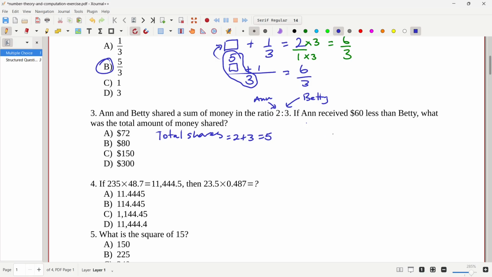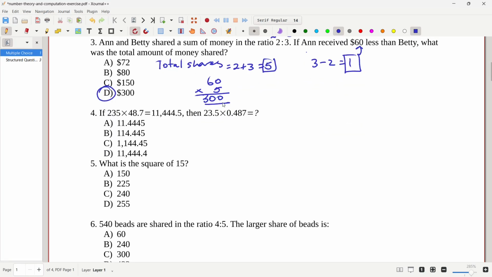Now, Anne received $60 less. The difference in shares is 3 minus 2, which is 1, so one share is worth $60. If one share is worth $60 and we have a total of 5 shares, then 60 times 5, 6 by 5 is 30, with a 0 here, that's 300. So the answer is D.